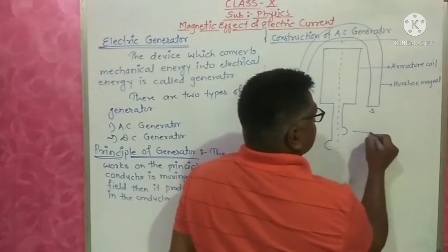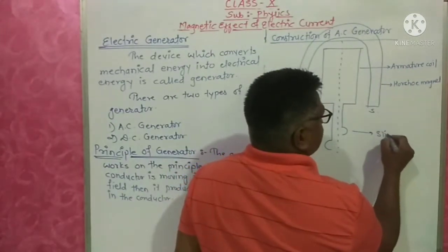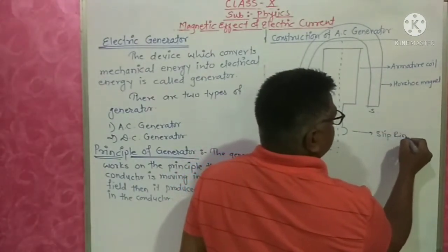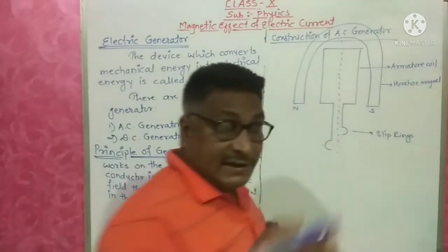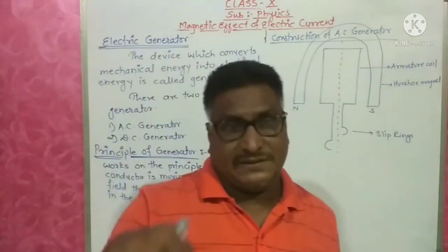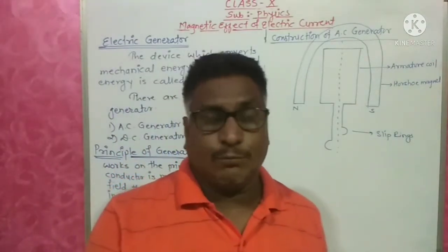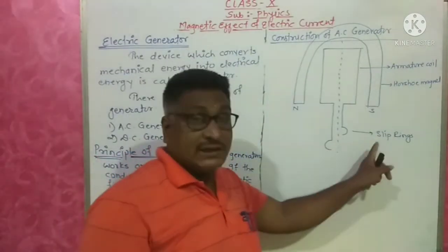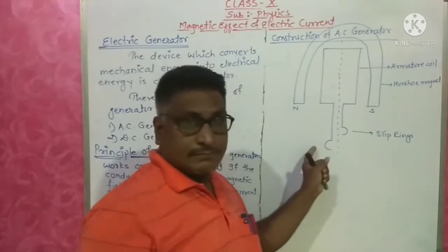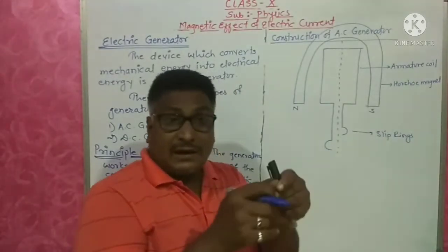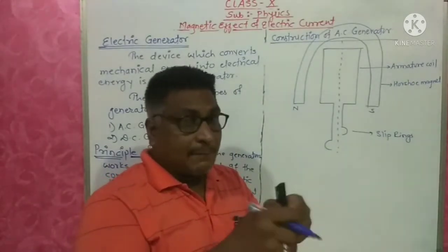What is this? Slip rings. In an electric motor we use split rings, a split ring commutator. And here we are using slip rings. They have a groove, a gap in between.